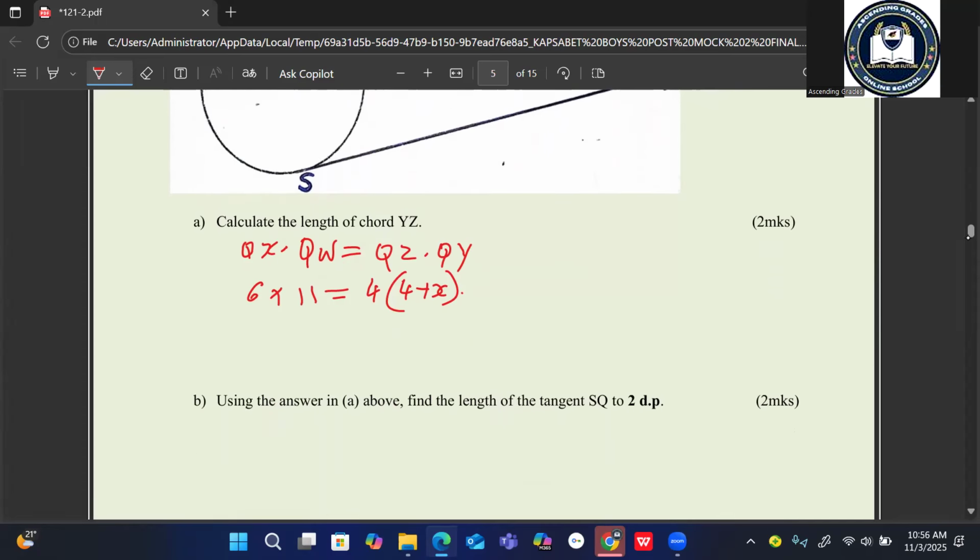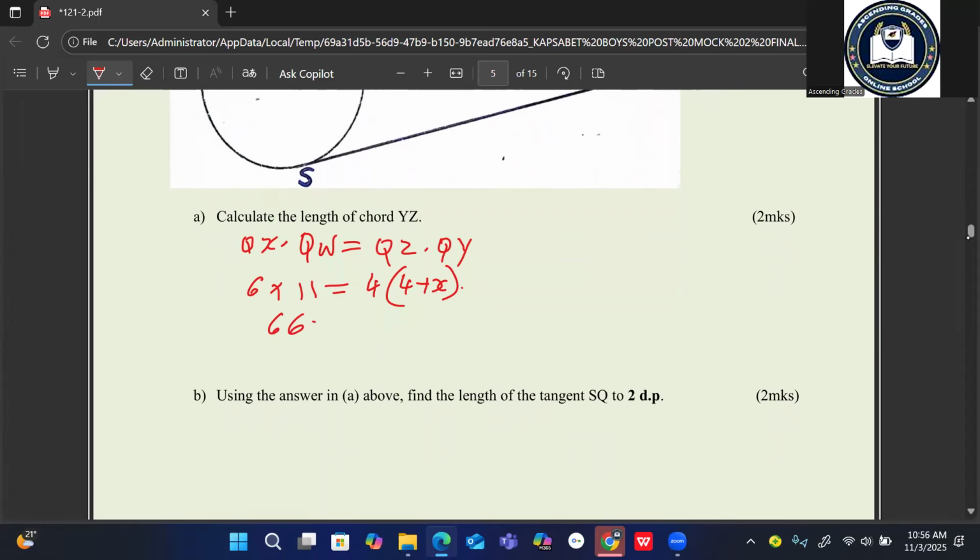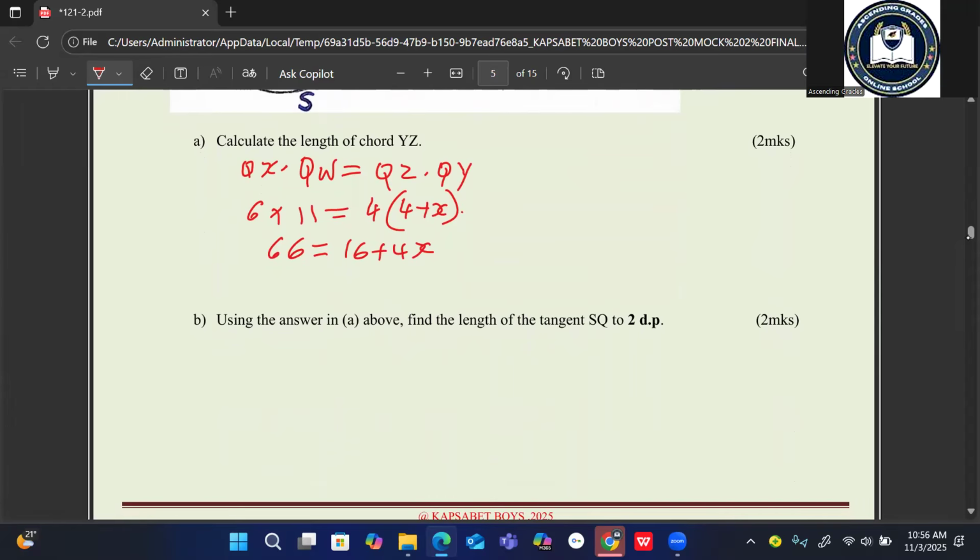So this one gives you 66 is equal to 16 plus 4X. So we take 16 to the other side and it will be 50 is equal to 4X. So our X is 12.5.